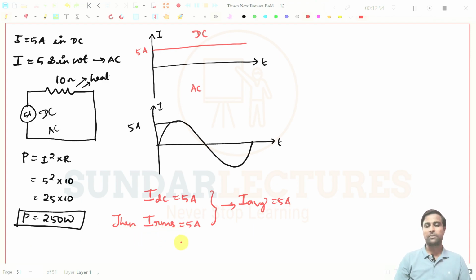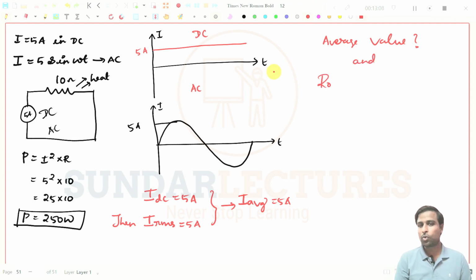So here comes what is average value and what is root mean square value, that means RMS value.